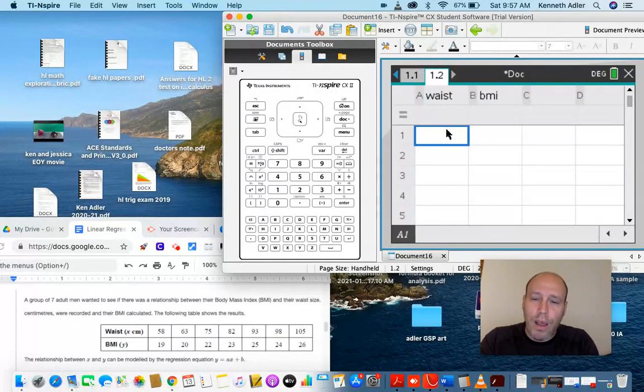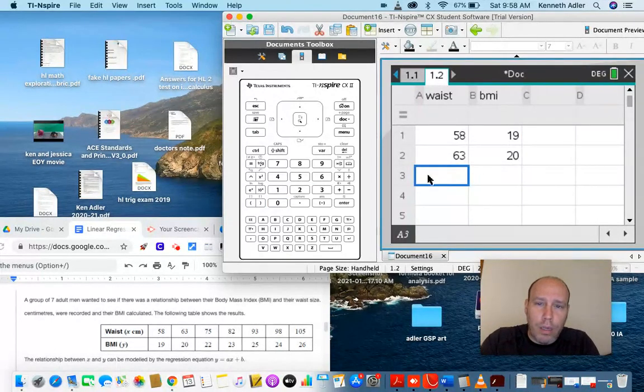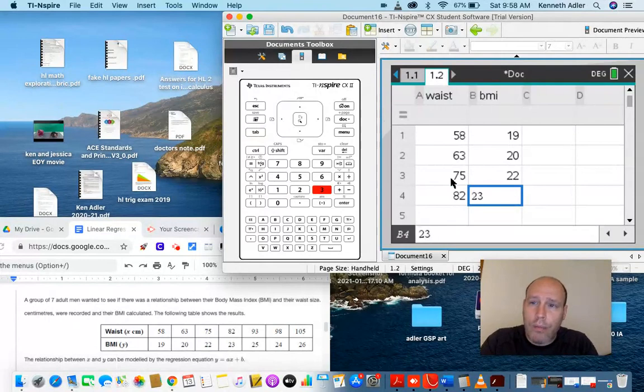So for the first person, the waist is 58 centimeters. The BMI is 19. The second person is 63 and a BMI of 20. The third person is 75 and a BMI of 22. The fourth person is a BMI of 82. I'm sorry, a waist of 82 and a BMI of 23.